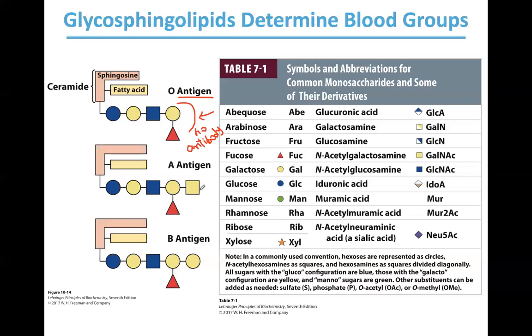Now, A antigen, here we have N-acetyl galactosamine, right? So there is already an antibody, right? And there is an antibody which is specifically reactive against A antigen, A antibody.